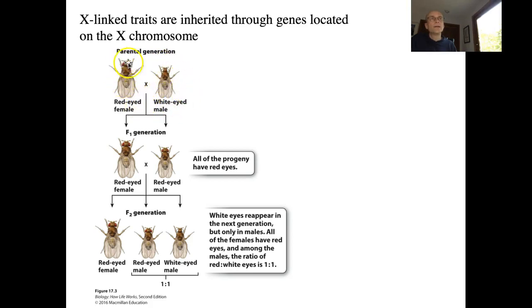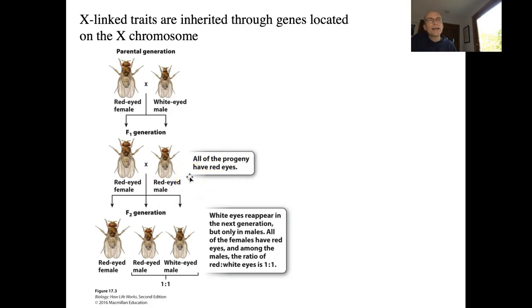You can see that the females are a little bit bigger in these flies than the males. If you look very carefully, you see the red eyes here and you see the white eyes here in the male. When those were crossed together, you would see in the next generation red-eyed females and red-eyed males. All of the progeny had red eyes.